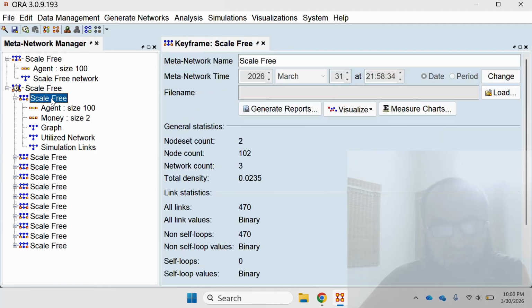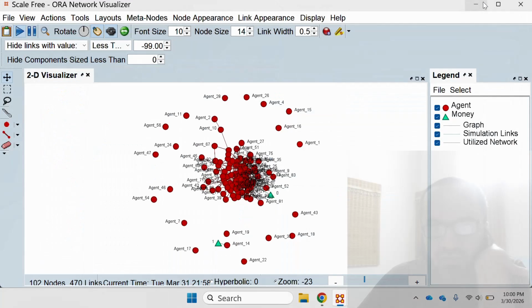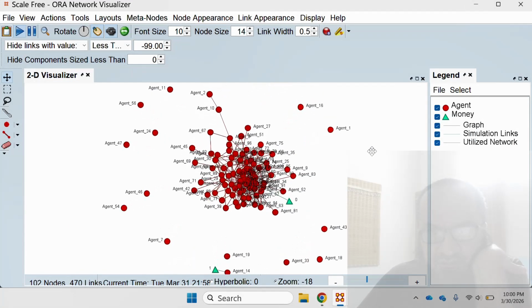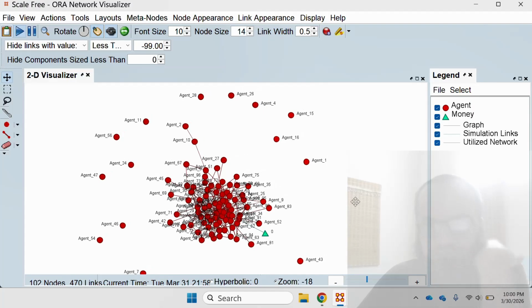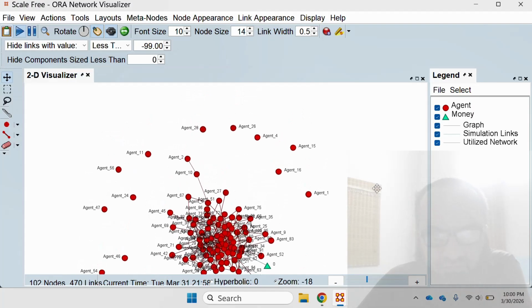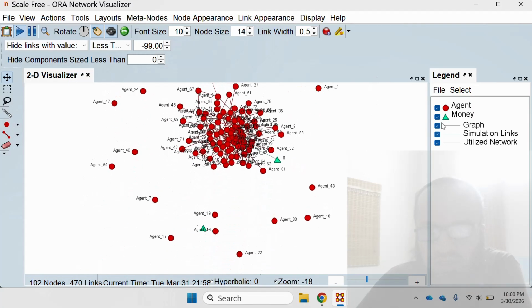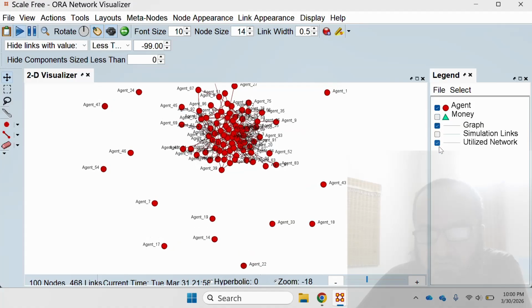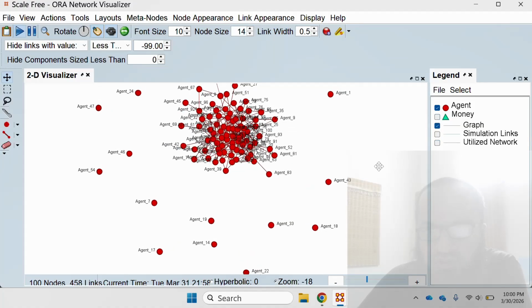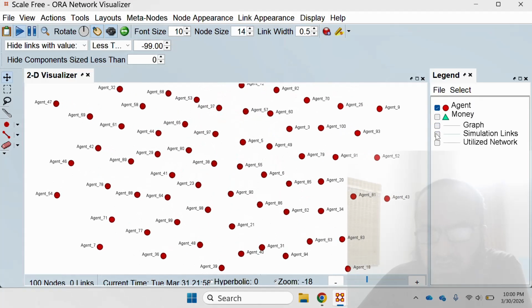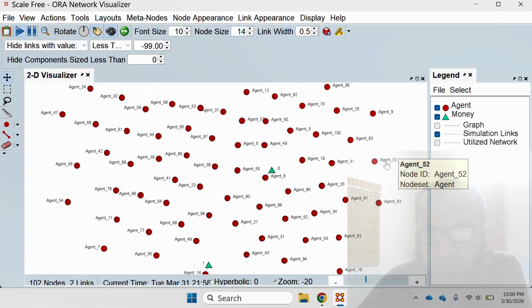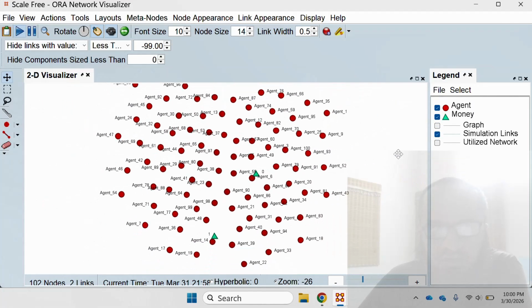Let's visualize this. Now you see these are the nodes, and if we key away this, this is the original network, the original graph. And if I click this, this is the network on 31st of March.